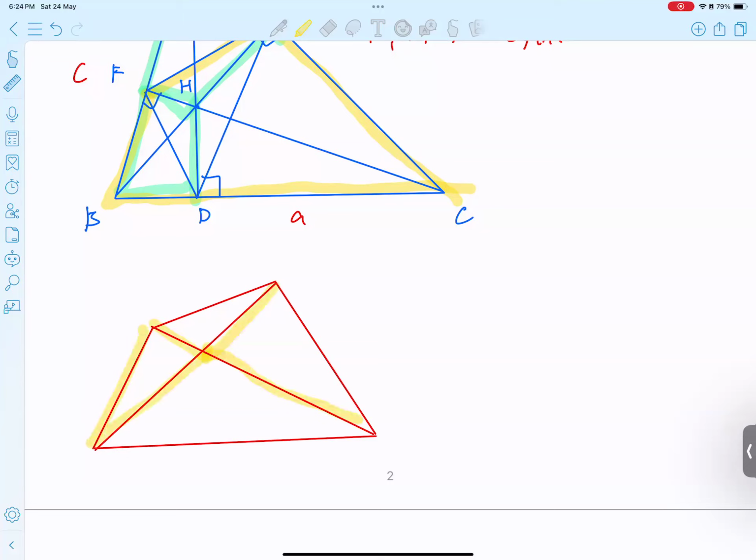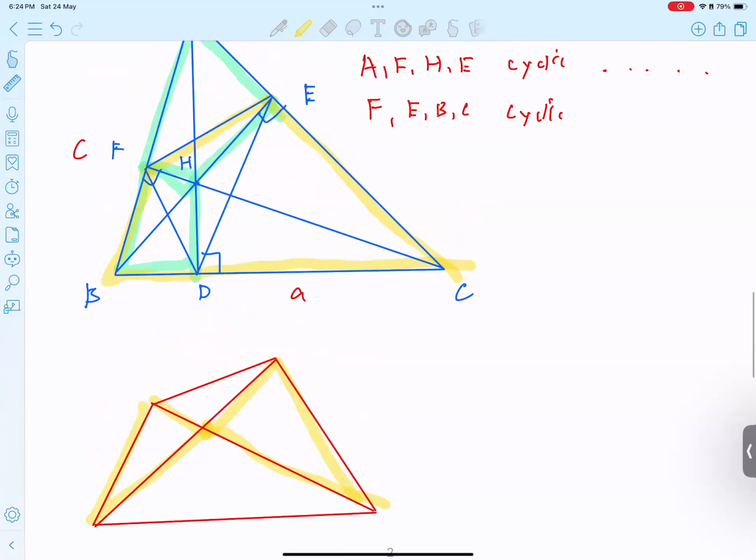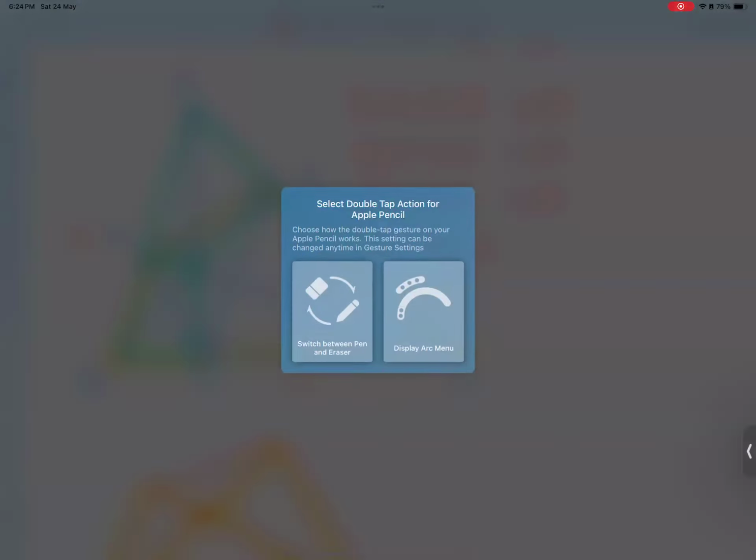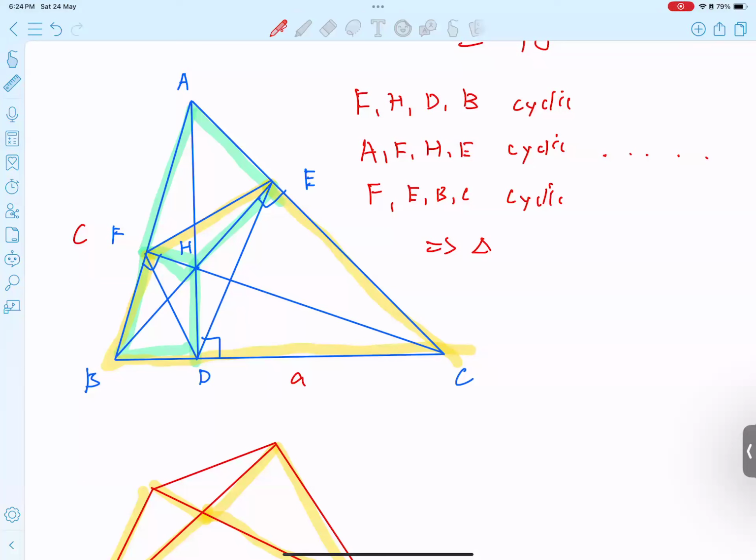So this and this, these will be similar. And from there, you could find that. Let's just say FECB. In this FECB, you'll have triangle FHB similar to triangle HEC.